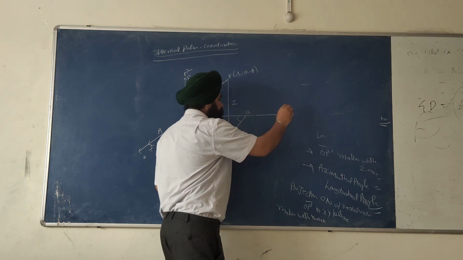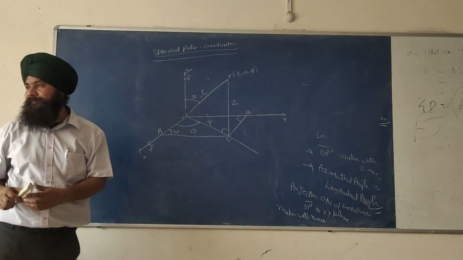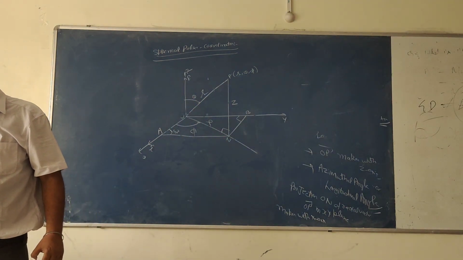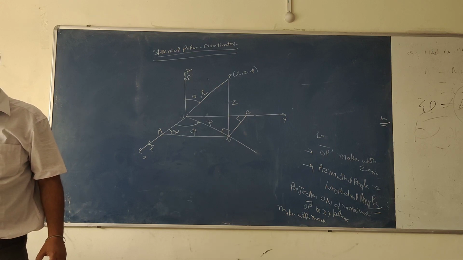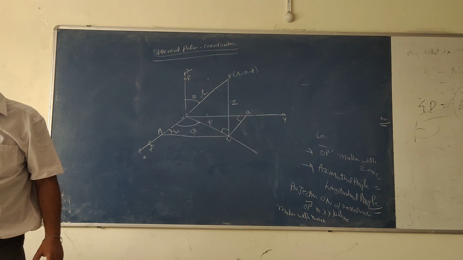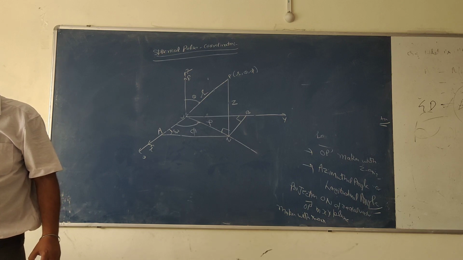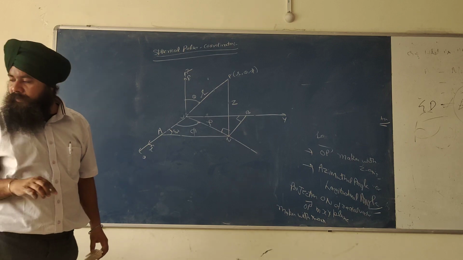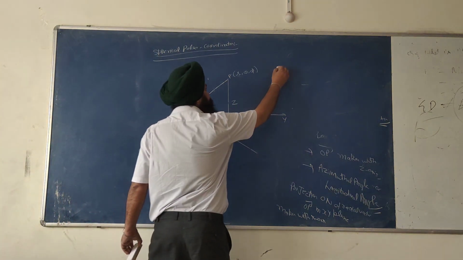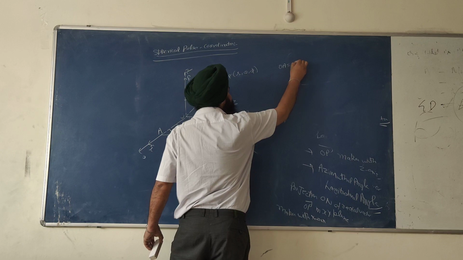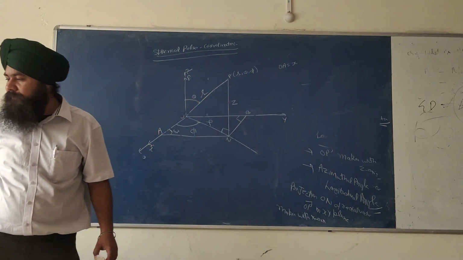From point N, पॉइंट में क्या रखूंगा? सर जी. And see, OA is equal to x. Next point is OA is equal to x.